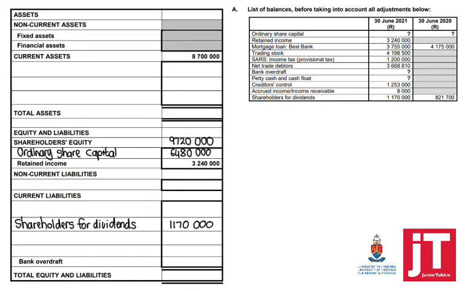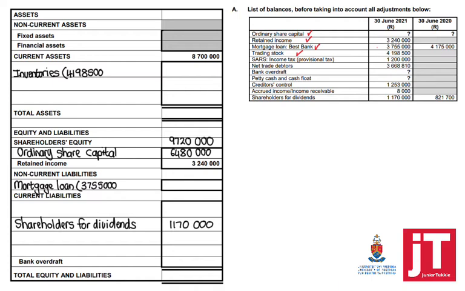If we now look at the statement of financial position and we look at information A, the list of balances, tick off what you've got and fill in the information where it's supposed to go. Ordinary share capital and retained income, we've solved that. Mortgage loan, make sure that you show the amount in brackets.